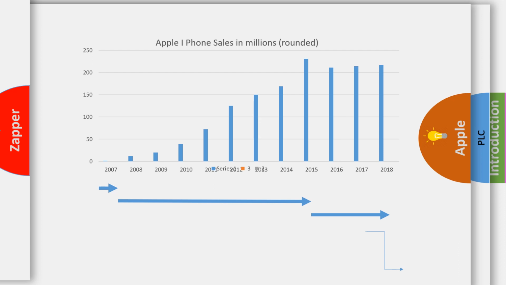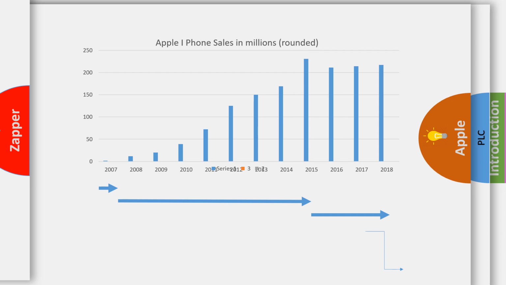So these represent the sales per year, and you've had a steady growth right from 2008 to 2015, and then from 2015 to 2018 you've had a slight decline, but now you're entering into the mature stage of the product life cycle for the Apple iPhones.